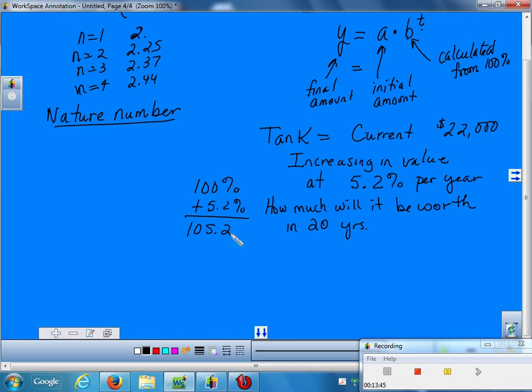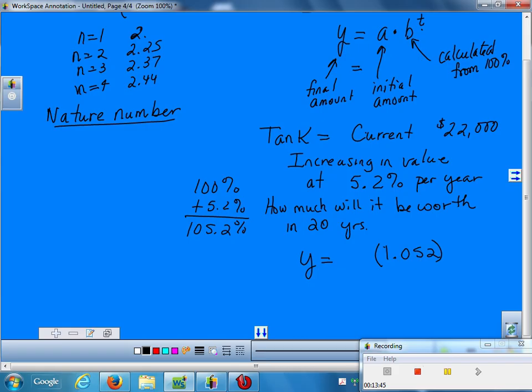You have to write that as a decimal, though, so when you put it in your formula, it'll be 1.052. If it was losing value at 5.2%, you would have to subtract 5.2 from 100%, which would leave you at 94.8%. But you always have to calculate it from 100%.